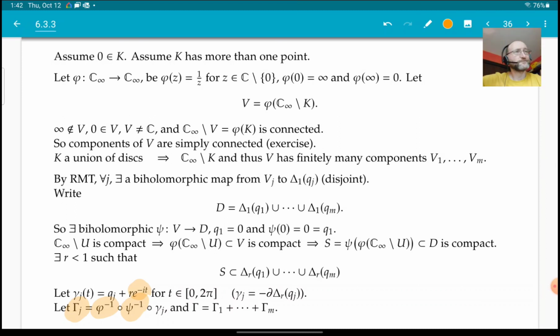We undo these changes of variables. Then we put these together, so we get some gamma, which is just the sum of these gamma j's. We had m of these little gamma j's, so we have m of these capital gamma j's. So now we just have to show that gamma does the right thing.